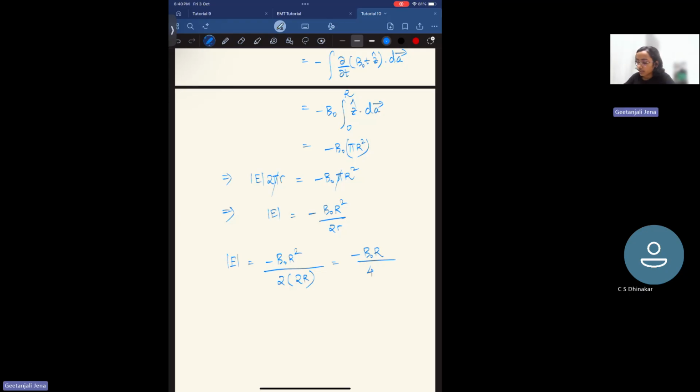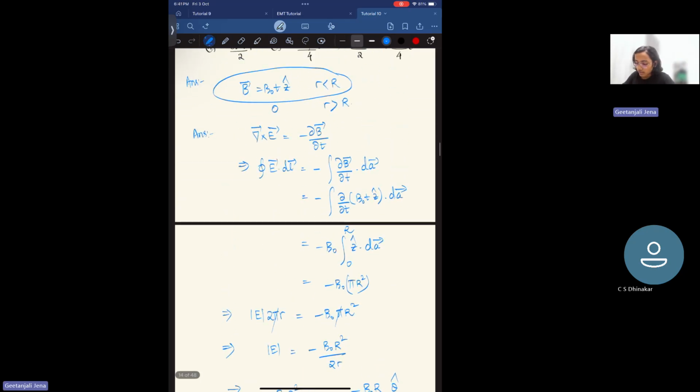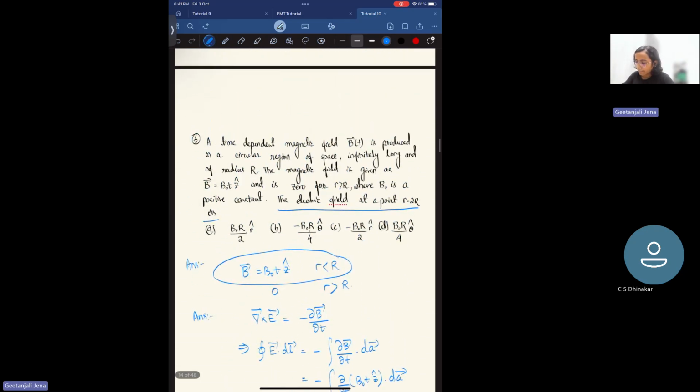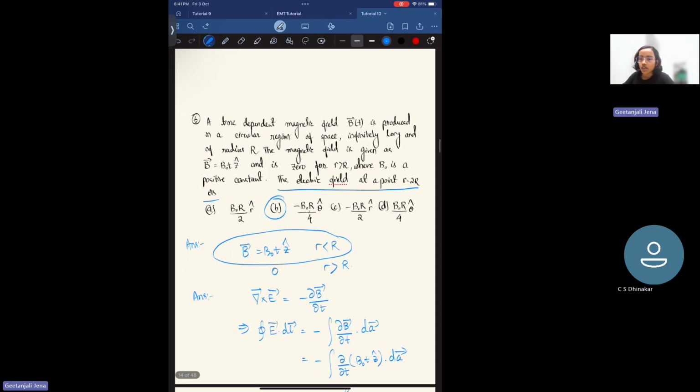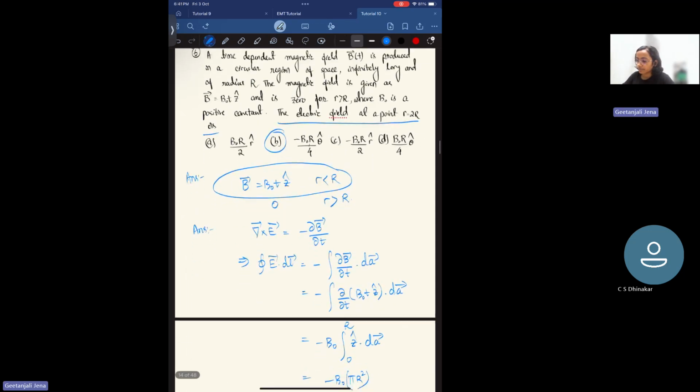The direction will be in the θ cap direction. This will be the total expression. So the answer would be option B, minus B0 R by 4 θ cap.